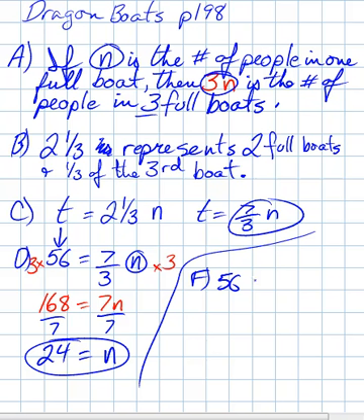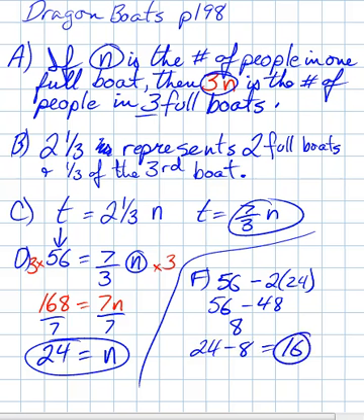So if we subtract 2 times 24, so 2 full boats, that's like saying 56 minus 48, and yeah, so 56 minus 48 gives us 8. So if there's 24 people in the full boat, and we've got 8 in that third one, then 24 minus 8 equals 16. We need 16 people to fill the third boat.